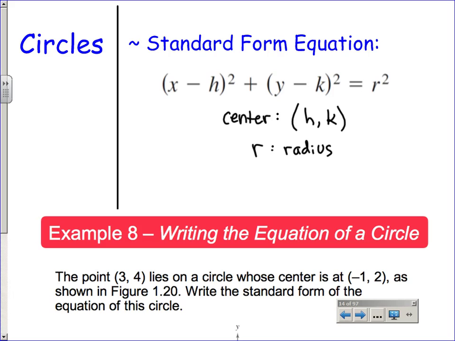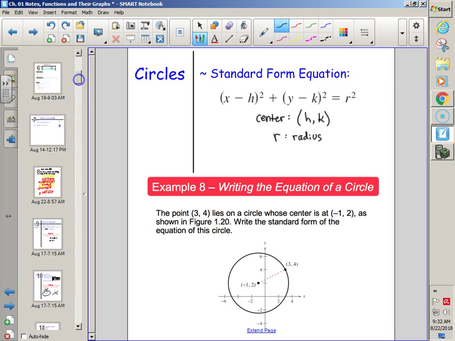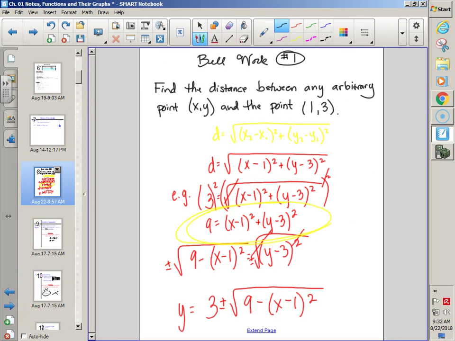But what ended up showing up in our actual bell work, in our circle equation, not 3. What ended up showing up was 9. Why? Because we had to square both sides from our distance formula. That's why you see the 9 there. You're going to have to square root that, or think of, wait, 9 is who squared? In order to get the radius from the standard form of the equation of a circle.